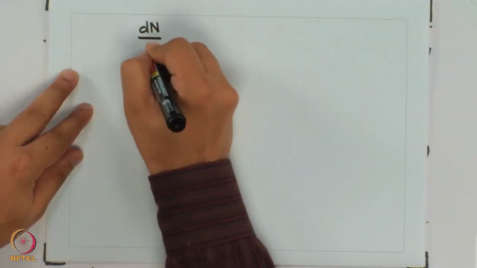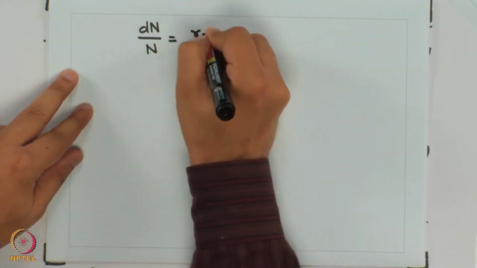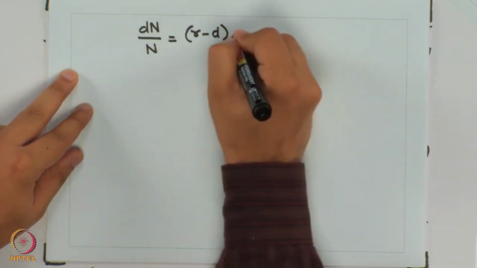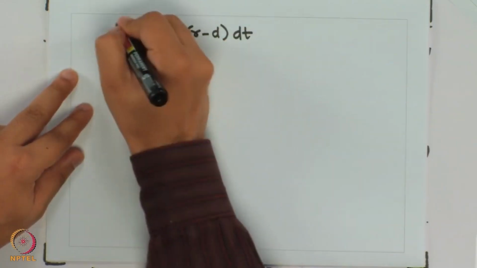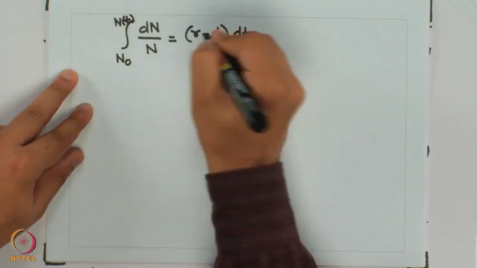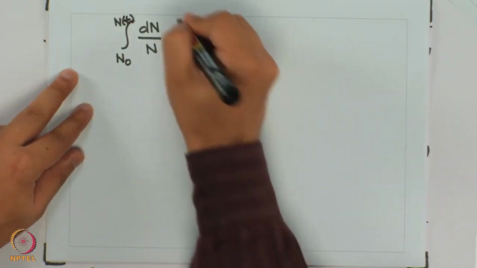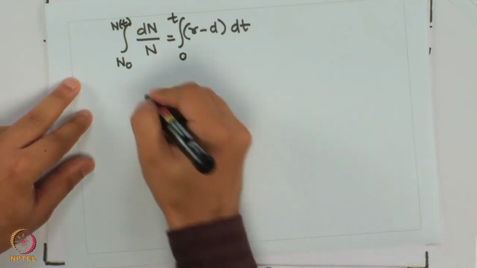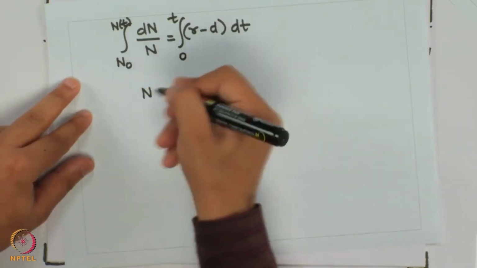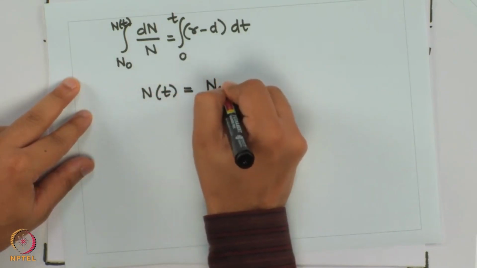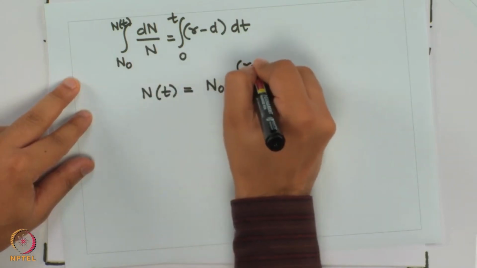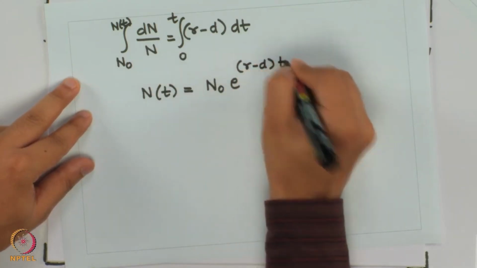And when we integrate this by separation of variables, dn by n equals (r minus d) dt, integrating from n naught to n(t) and from time t equal to 0 to time t equal to t, we get our solution as, I am skipping the steps now, n(t) equals n naught e to the power (r minus d) into t.